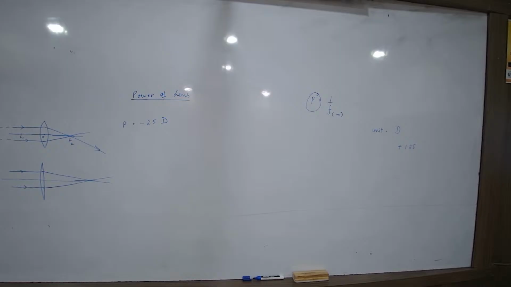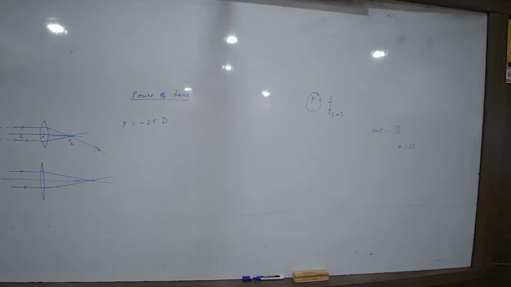Try to recollect for mirror, what was the point of measurement? P. C is center of curvature, but our distances were always measured from pole. So now here what do we use? We use the alphabet O. What is O? Optical center.